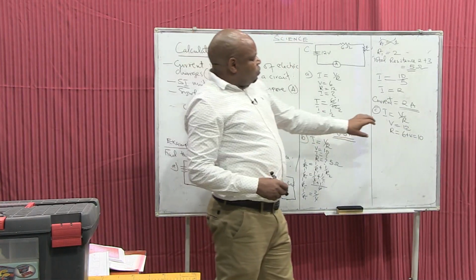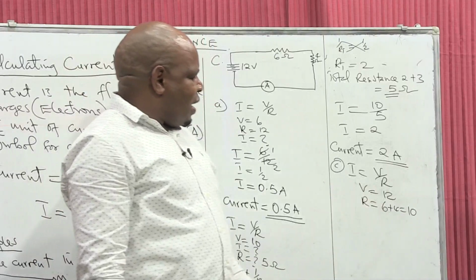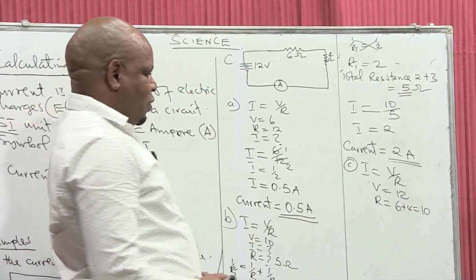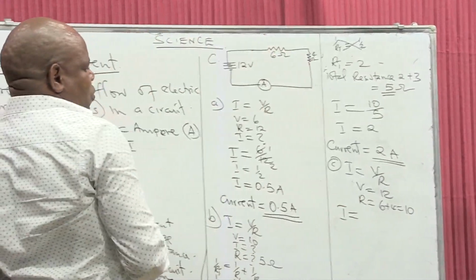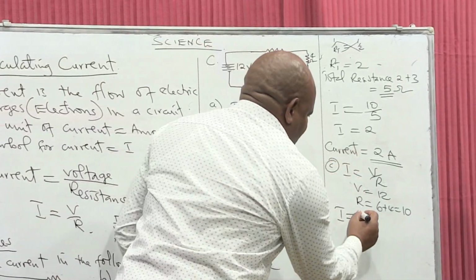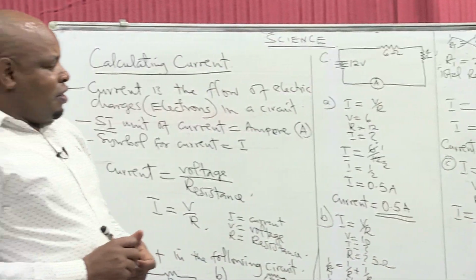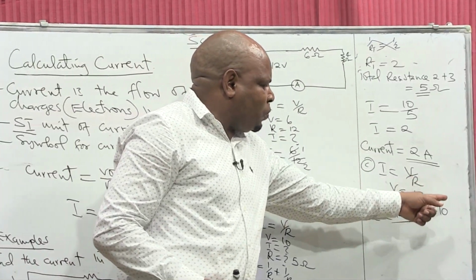So we have to equate these values, the value of V and R, in our formula. Current is equal to the value of V, which is 12, divided by the value of R, which is 6 plus 4, which is equal to 10.